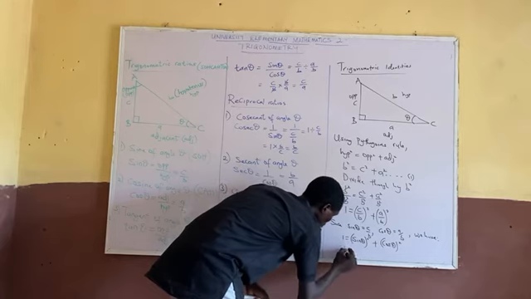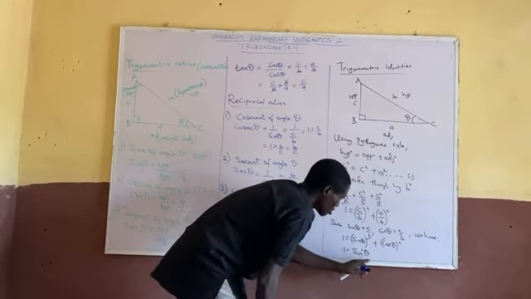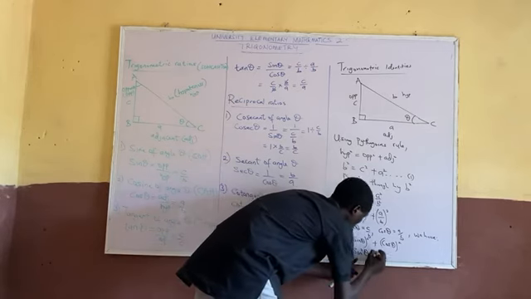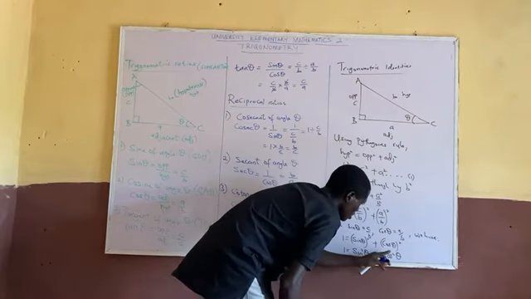We are going to have 1 equal to sine square theta, not sine theta square, plus cos square theta, not cos theta square.